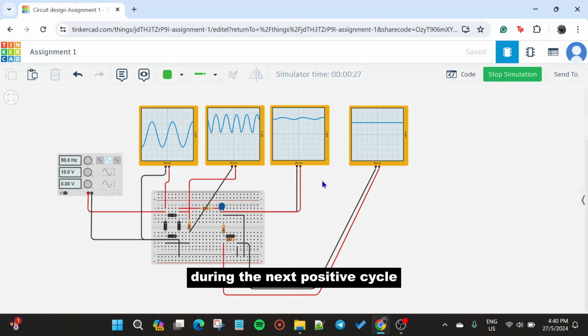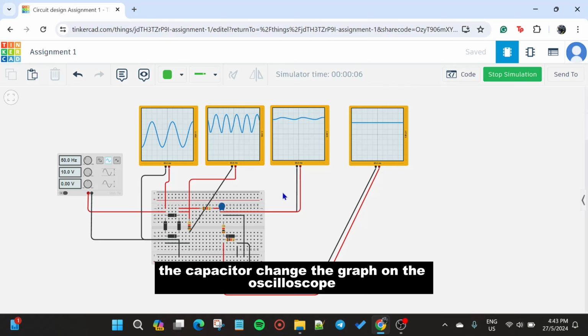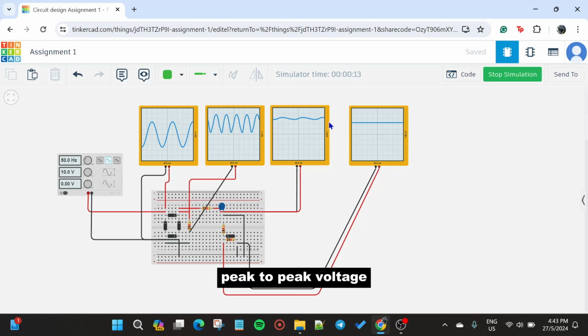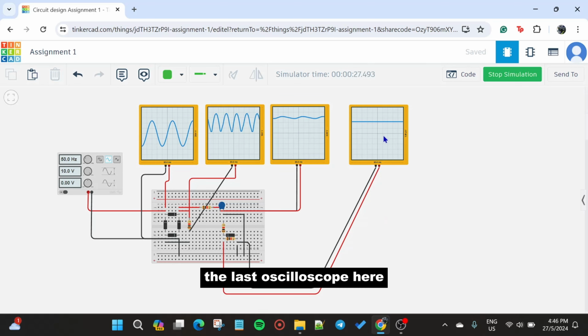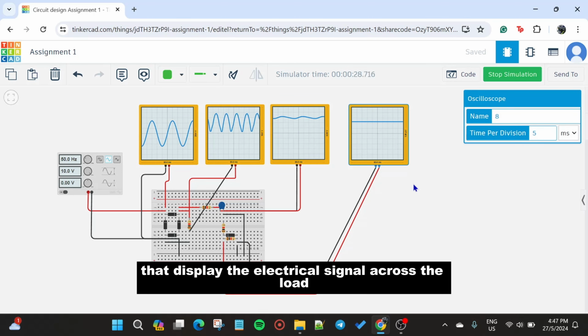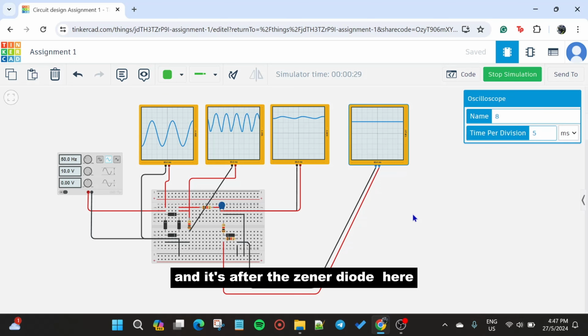During the next positive cycle, the capacitor starts charging again. This is the process by which the capacitor changes the graph on the oscilloscope from the pulsating DC voltage to the ripple peak-to-peak voltage.